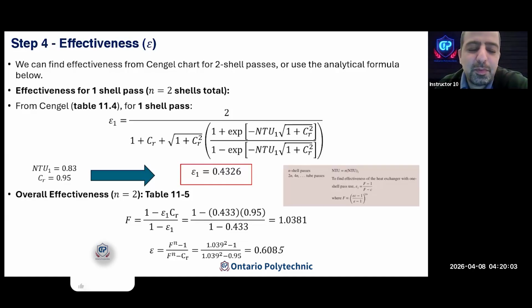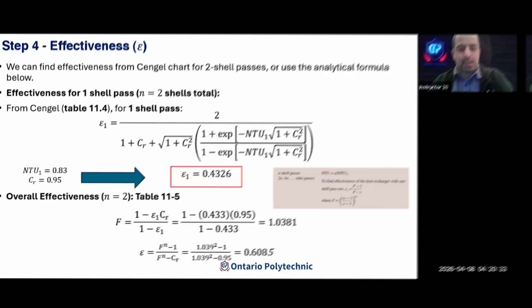We're going to review at the end. It's very important to identify them and refer to those tables. We actually have a problem where we need to identify whether the configuration is parallel flow or counter flow, so we're going to review it together.